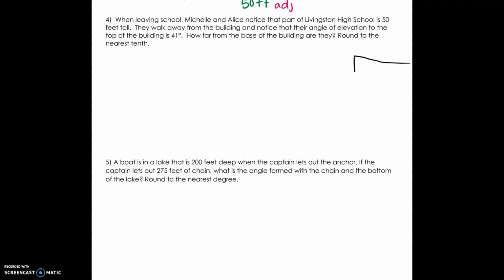All right, so I'm going to draw LHS over here. So we have LHS, and it says that the girls measure the building to be 50 feet tall. So the height of the building there is 50 feet tall. It says that Michelle and Alice walk away from the building. So now the girls are here.